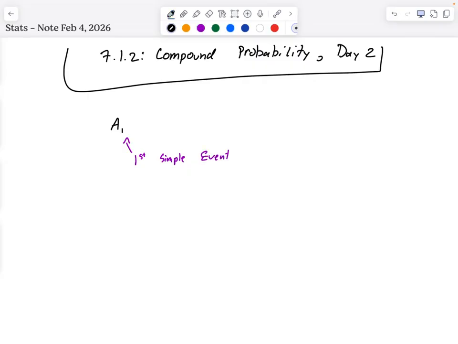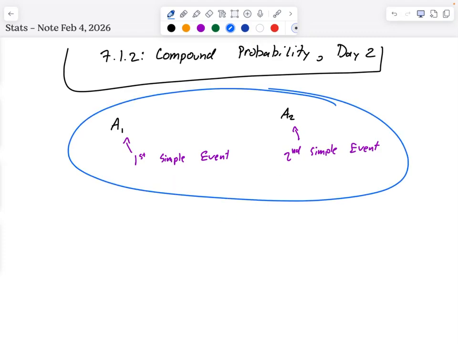Versus if I write A2, this refers to the second simple event. And together they make a what? They make a compound event, which is the combining of multiple simple events.